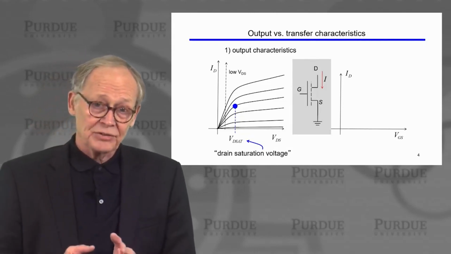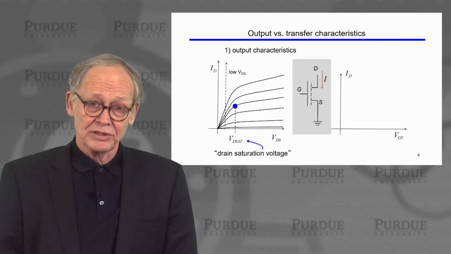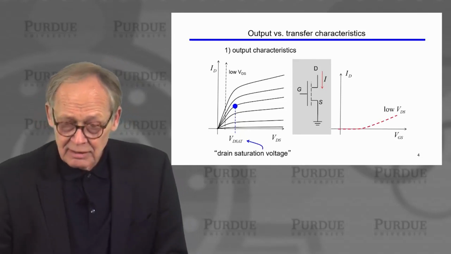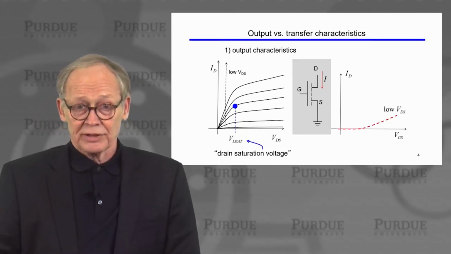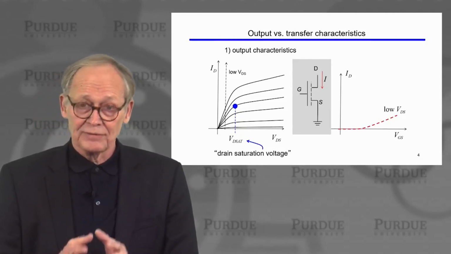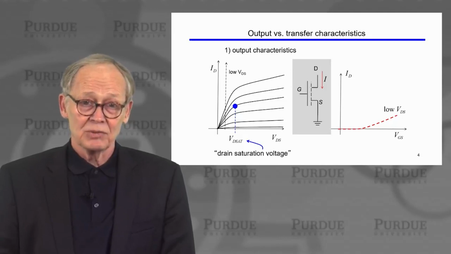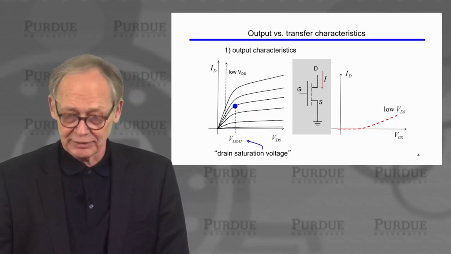Now, we could fix the drain to source voltage, say at a low value, and then we could plot the transfer characteristic. That is, we fix the drain to source voltage, and now we sweep the input voltage while we measure the output current, the drain current.